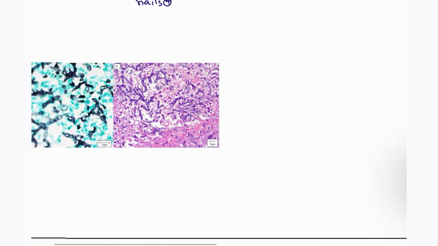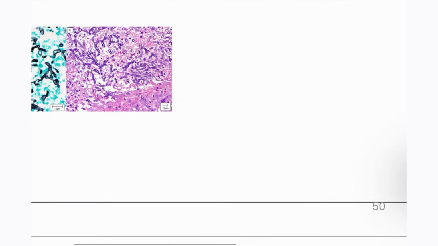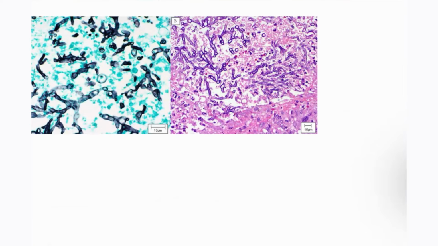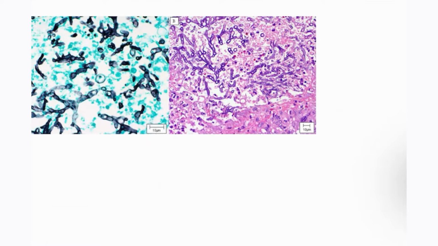Next, coming to the picture that you can see, differentiate which is the rhizopus and which is the aspergillus. Basically, the aspergillus branching is going to look like less than 90 degrees. Okay, so this is your rhizopus, and this is the aspergillus.